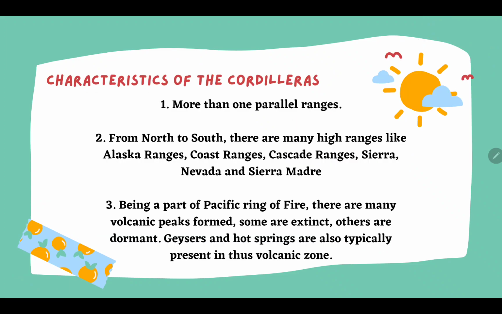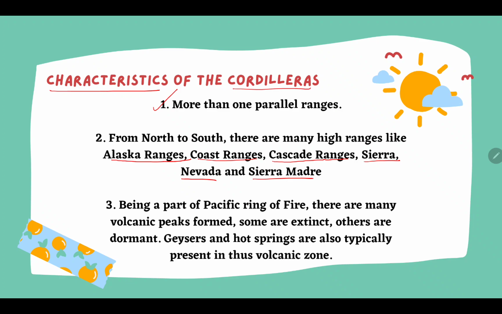So now let's talk about the characteristics of the Cordilleras. There are one or more parallel ranges. From north to south, there are many high ranges like the Alaska Ranges, Coast Ranges, Cascade Ranges, Sierra Nevada, and Sierra Madre.